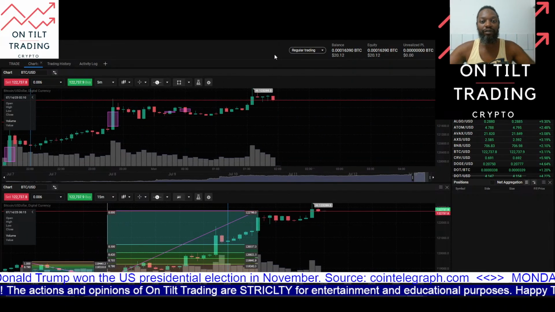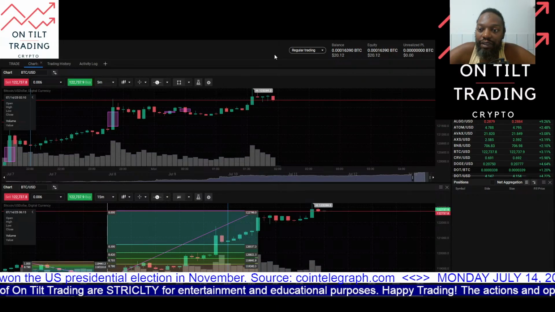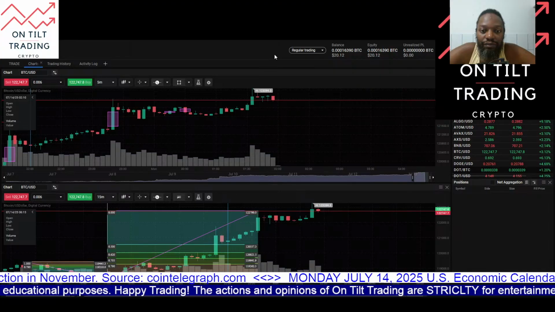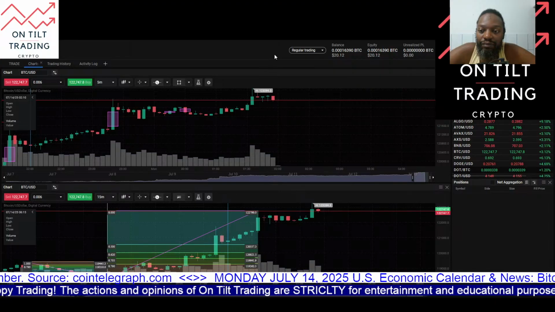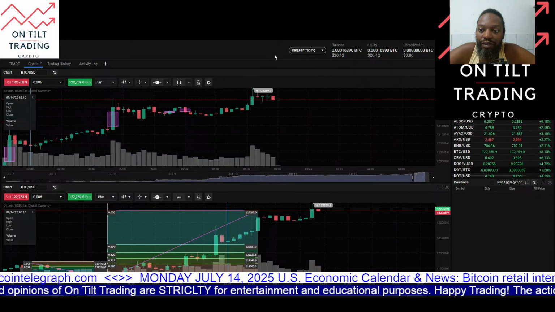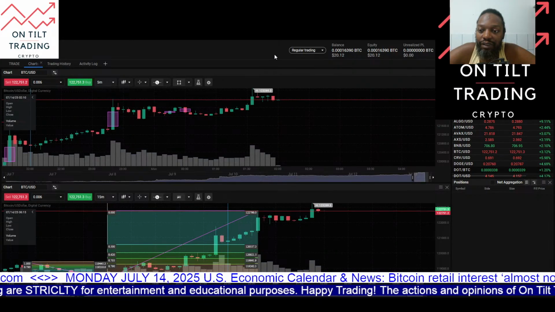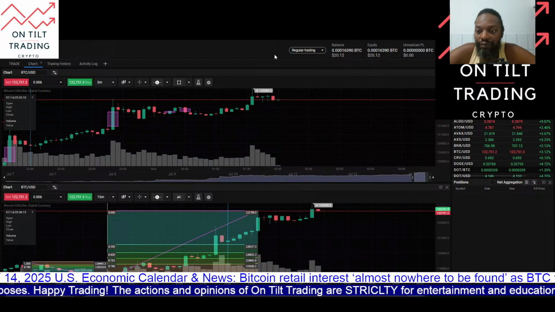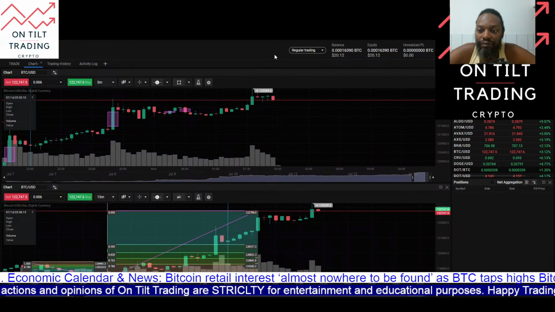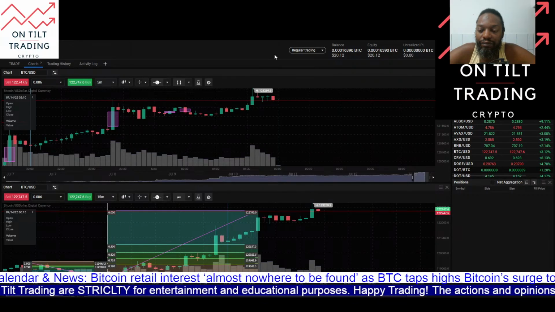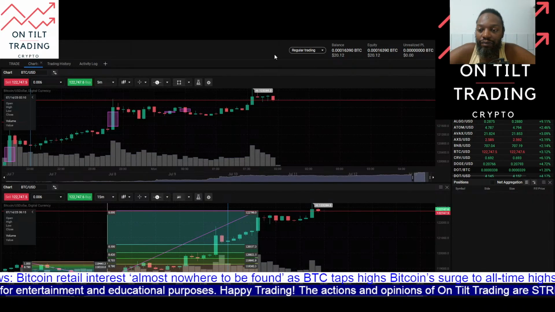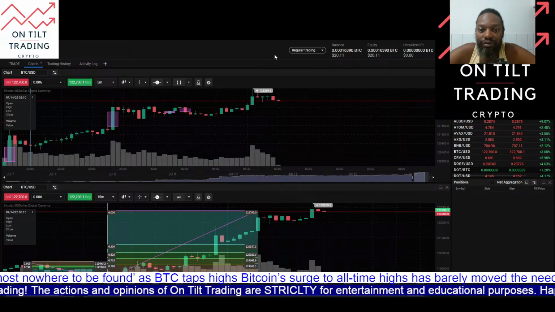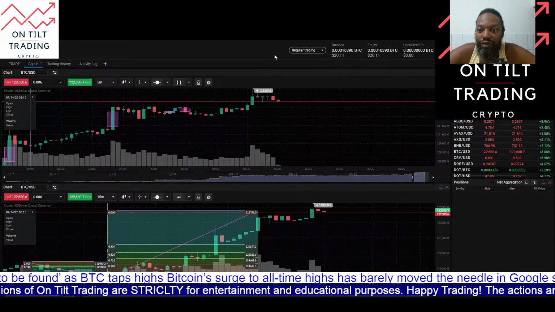So new 5-minute low from the previous 5-minute candle. Price trading near the 122,750 level and consolidating here. $122,700. $122,680.